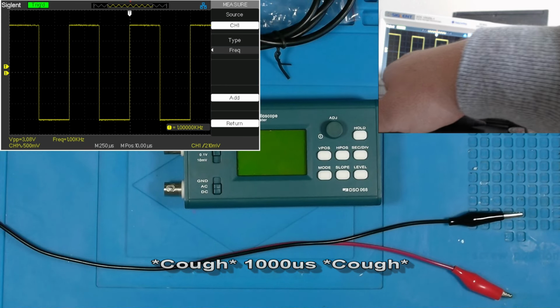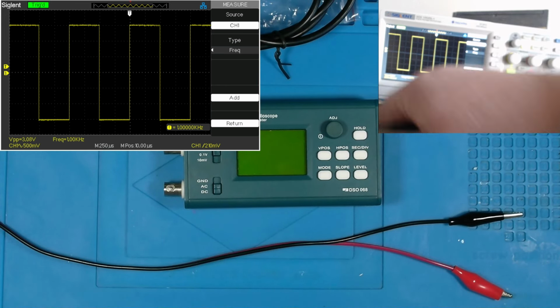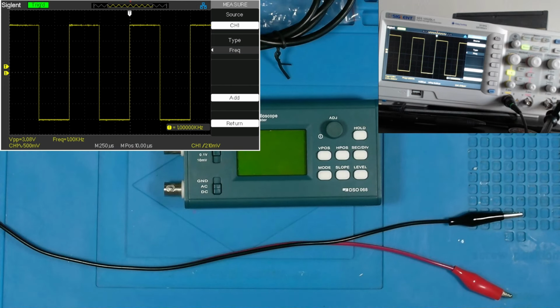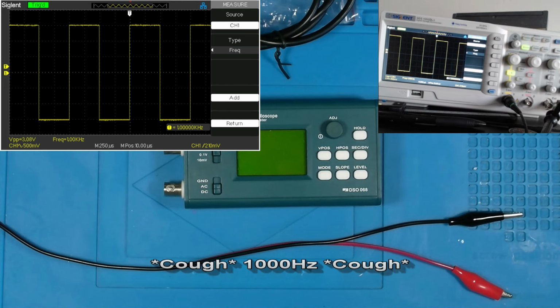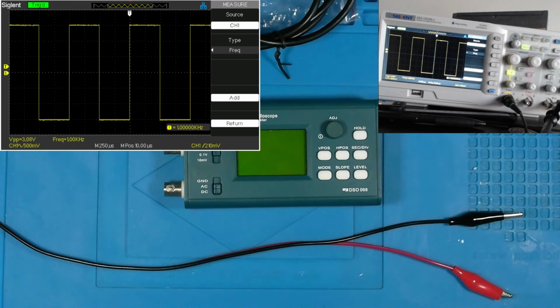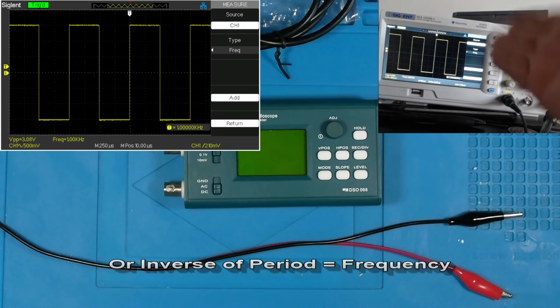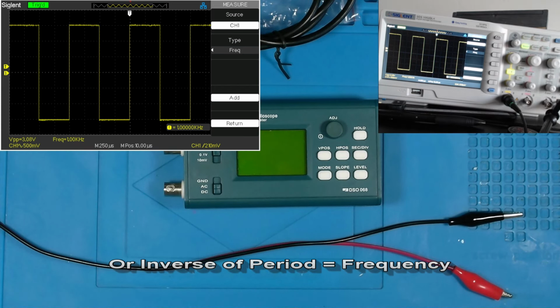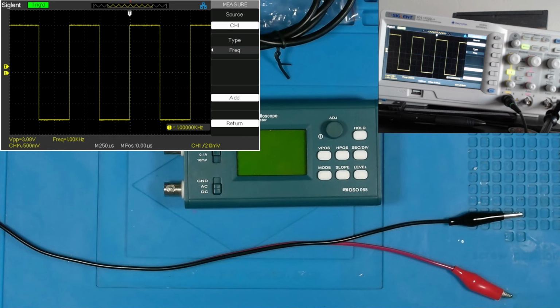So we have to go the full cycle, right? And then the inverse of that is 1, which means that we are at a 1 kHz signal. So the inverse of time is always going to be your frequency. You can always just plug that into a calculator too.